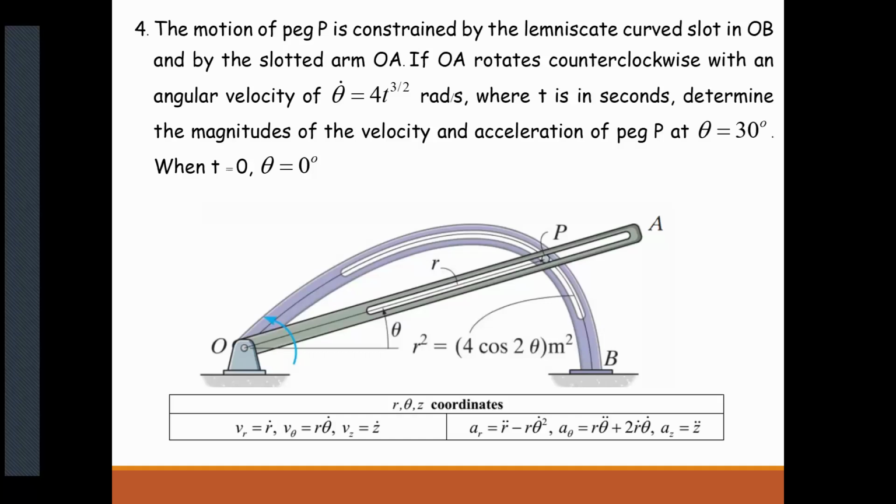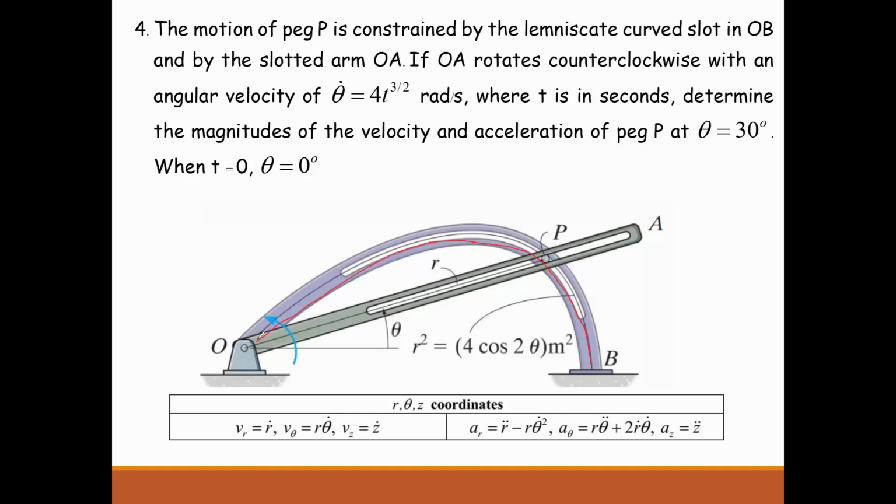Because we already know the path. The path is already defined in polar coordinates, so it's very straightforward to derive the kinematics in terms of polar coordinate system instead of another type.